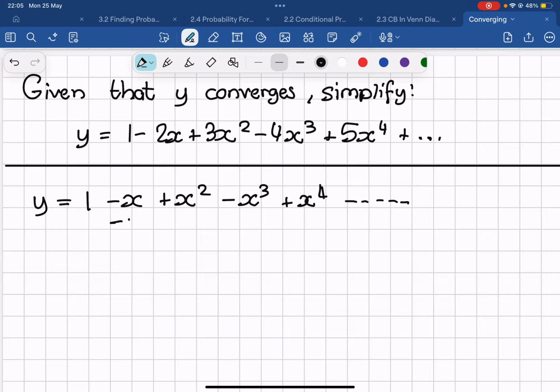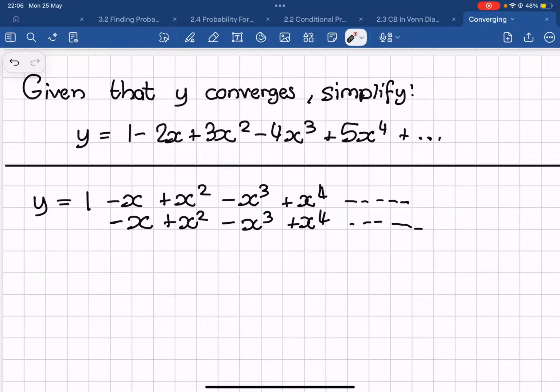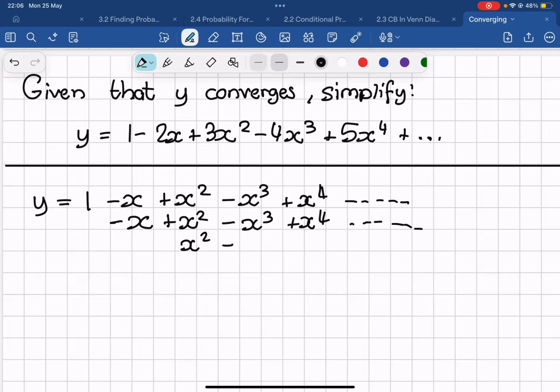So if you write minus x here, and then plus x squared minus x cubed plus x to the 4. We have 1 minus 2x, that checks, and then x squared. We haven't got an x squared term, so we add another x squared minus, well, right now the count is at minus 2x cubed for the x cubed terms. So we write that as minus x cubed plus x to the 4.